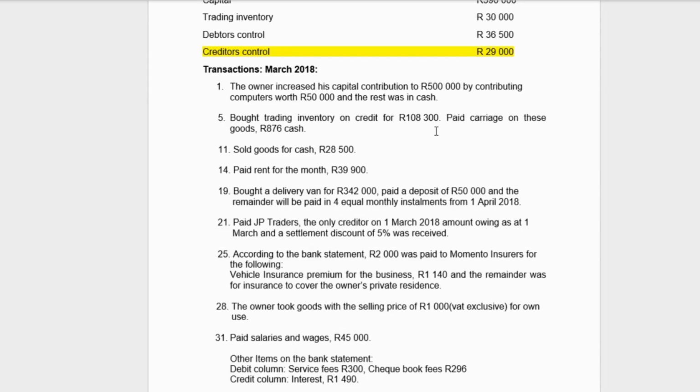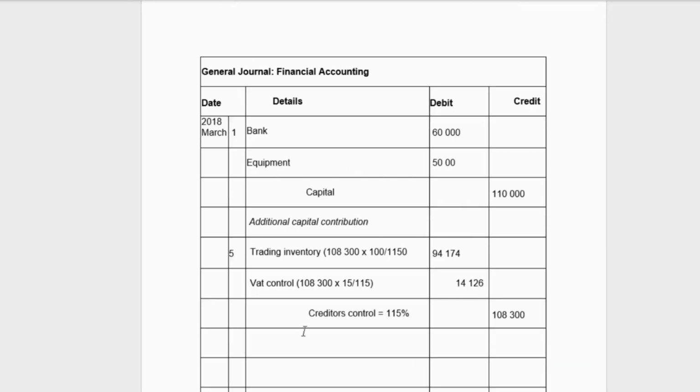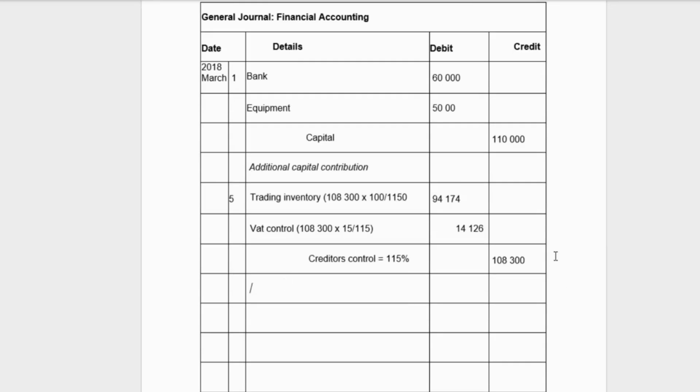And then you also have to record the payment of carriage on purchases, paid carriage on these goods of 876, right? So to record that, we are going to create another transaction right there. On carriage, remember the carriage is going to form part of the cost of trading inventory.